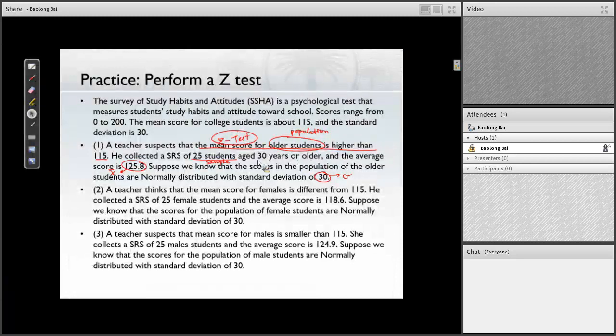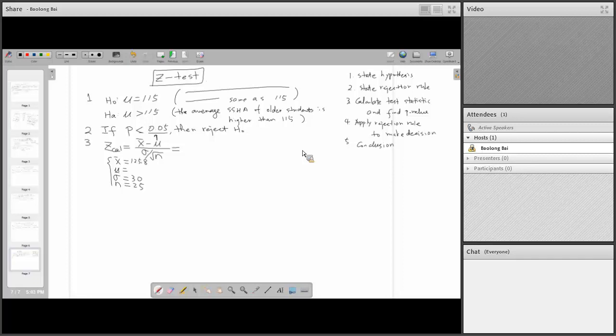In the problem, it didn't mention mu anywhere, right? Where do we get mu? So the test statistic is calculated by assuming something. We need to assume the null hypothesis, H0, is true. Okay? So if you assume the null hypothesis is true, right here, this is your null hypothesis, if you assume it is true, mu is equal to 115, right? So then you have everything you need to do the calculation.